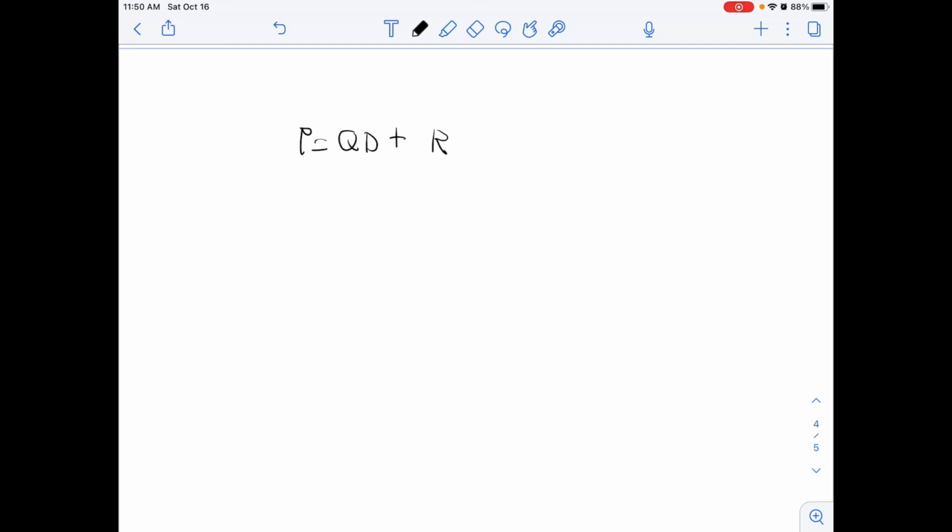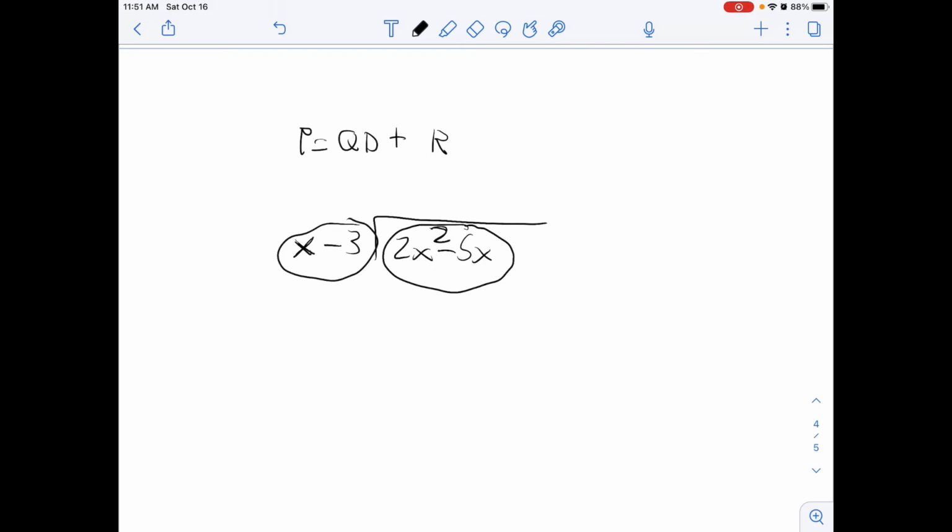The degree of the divisor must not be greater than the degree of the polynomial, and the degree of the remainder must be less than the degree of the divisor. I'll show you an example of these rules. So we can divide 2x squared minus 5x by x minus 3 because the degree of this polynomial is 2 and the degree of this binomial is 1.